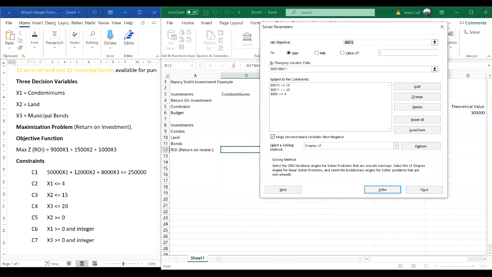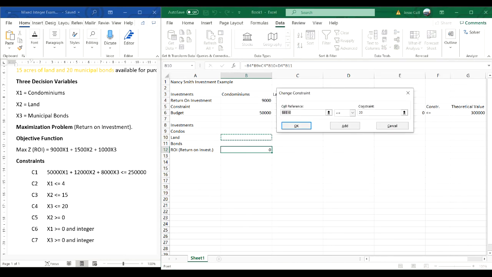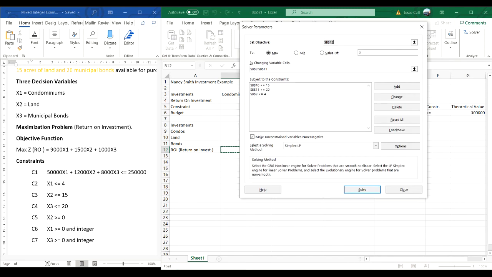Oh, and I made one mistake. B10 must be less than or equal to 15. So now we have 3 different situations where rather than enter it in the spreadsheet, now we've just very simply entered it here. But we have a couple more to add. So let's do that now.